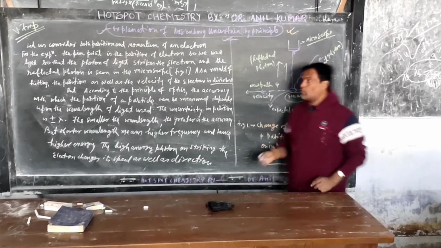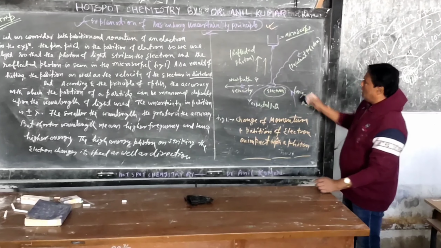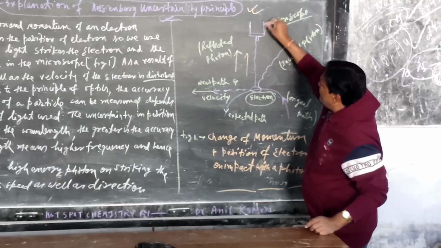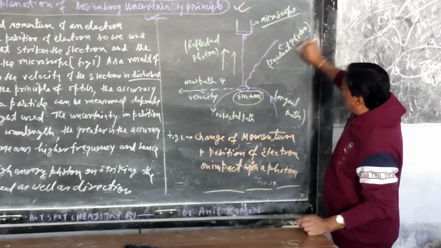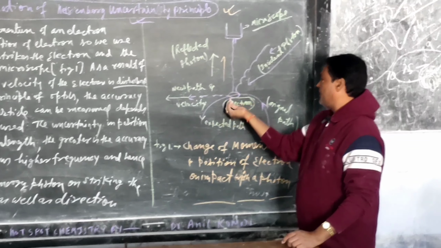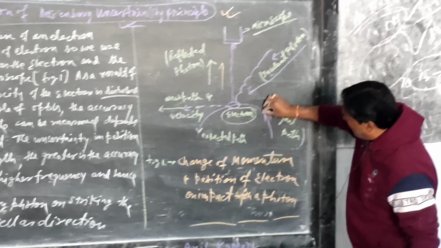For this, we have drawn a figure here. This is the microscope, and this purple line is an incident photon. Suppose this is the electron, and the position of the electron originally is like this.